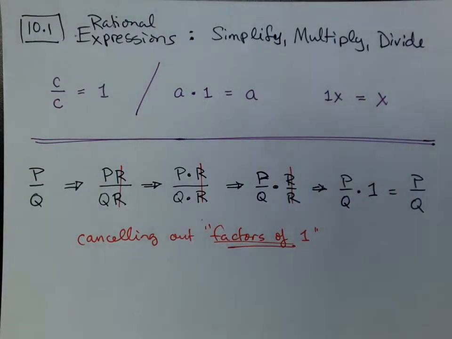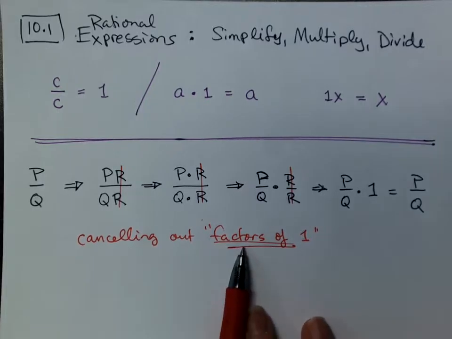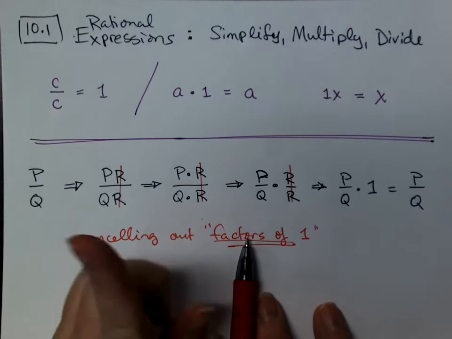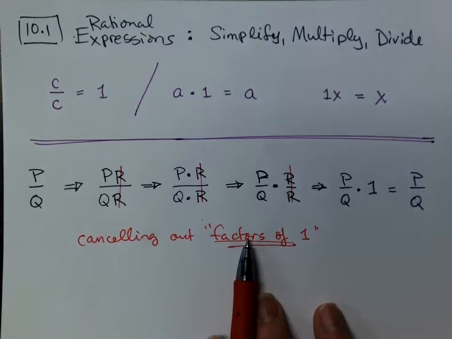Okay? Now, look at that phrase. Factors of 1. We cannot start canceling out until we have factors. So what do we have to do first before we cancel? We have to factor. Okay?